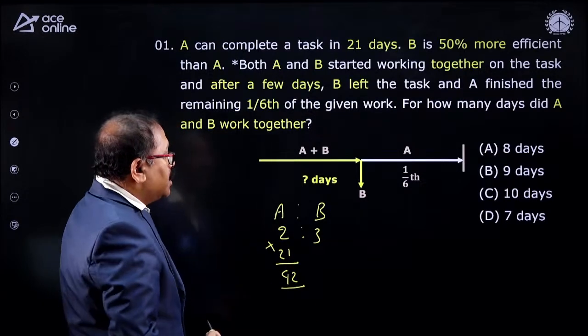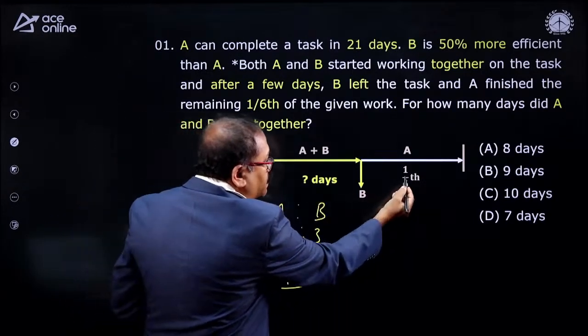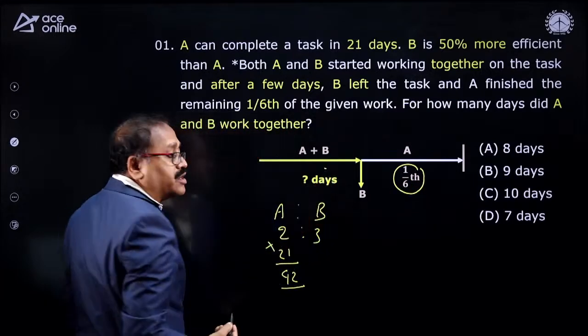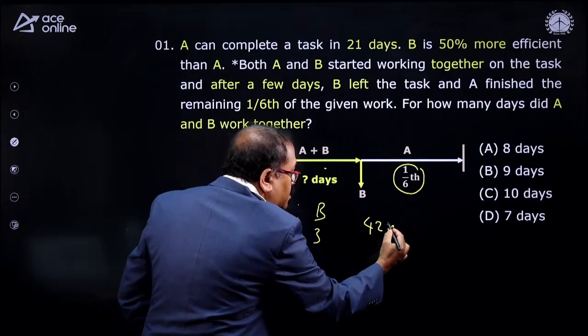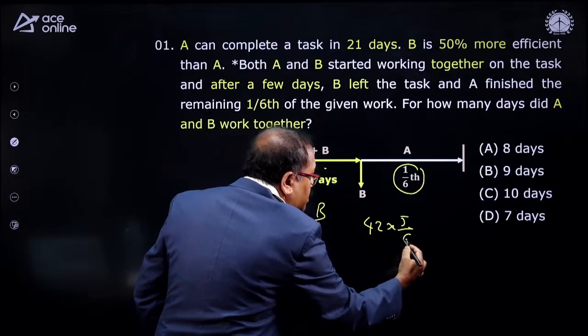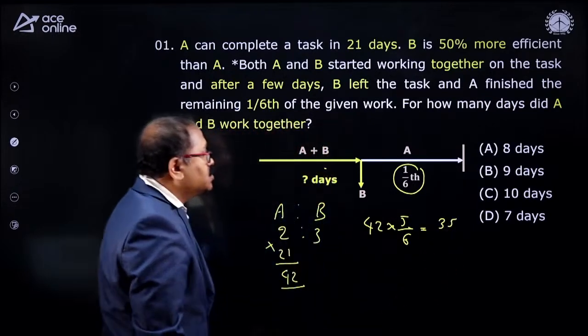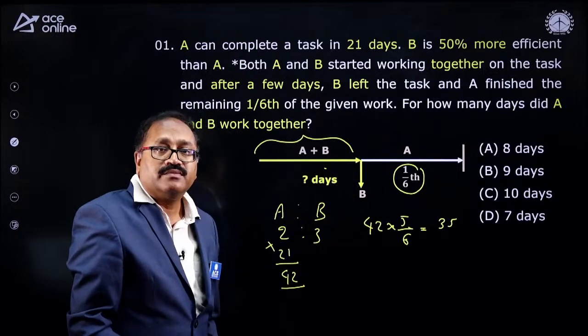If 1/6 of the work is done by A, then 5/6 is done together. What is 5/6 of 42? 42 into 5/6 is 35 units.